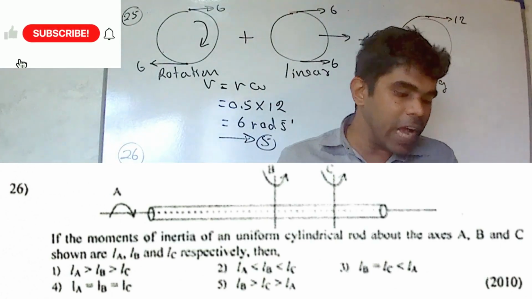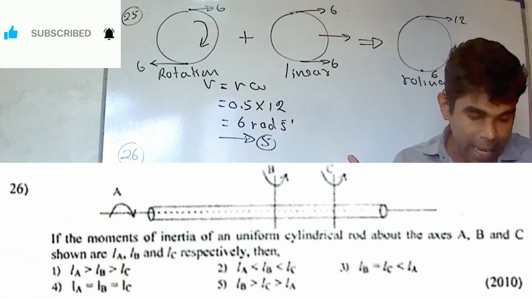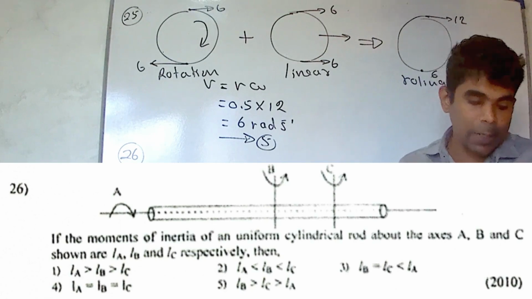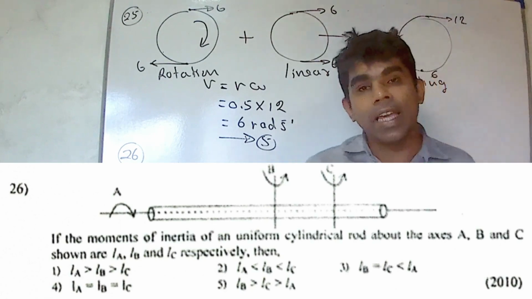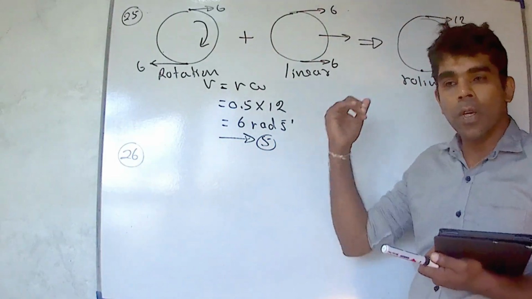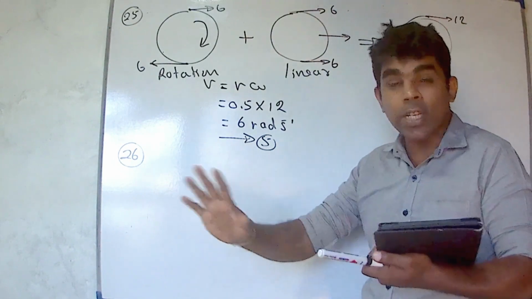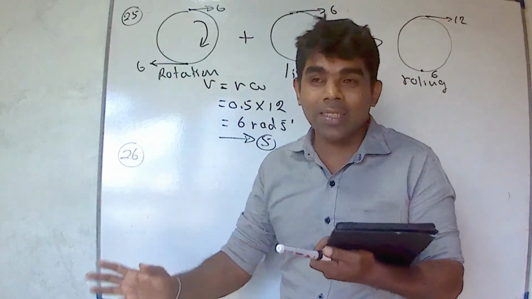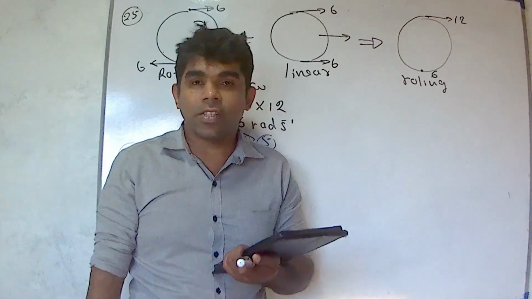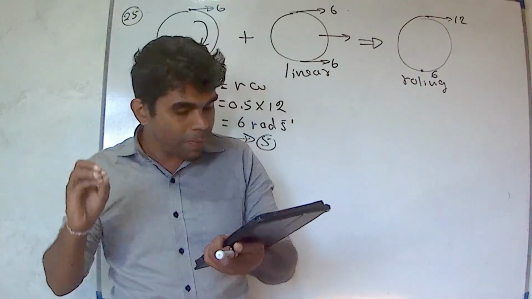The moments of inertia of a uniform cylindrical rod about the axes A, B and C shown are IA, IB and IC respectively. Then we have to compare IA, IB and IC. Again we have to consider the same object, therefore mass is constant for all situations A, B, C. But there is a different mass spreadness for A, B and C. Therefore we have to consider mass spreadness.